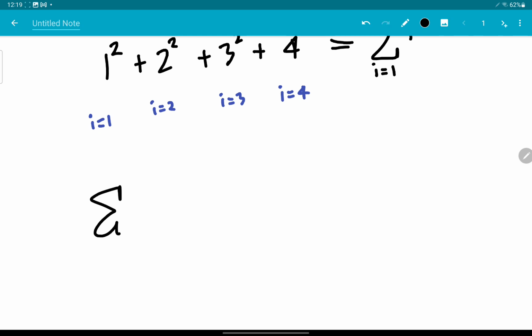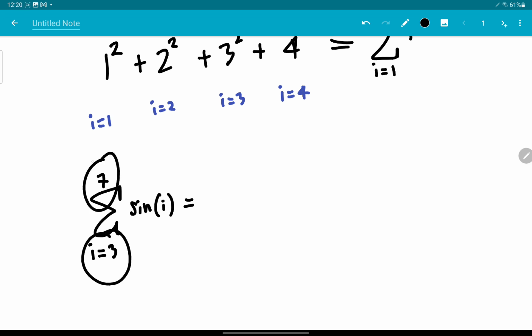If I have the summation from I equals 3 to, let's say, 7 of, I don't know, sine of I. Well, that is starting at 3, ending at 7, and it's a sum.